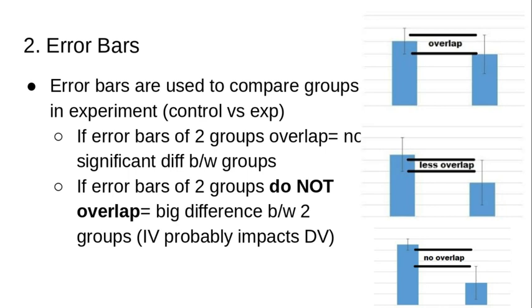There's no overlap, which tells us there's a really big difference in the values within these 2 data sets. So chances are whatever you changed between the 2 data sets really impacted the experiment. Although you can't conclude anything definitive from error bars, you can get an initial perspective on whether the independent variable impacted the dependent variable.